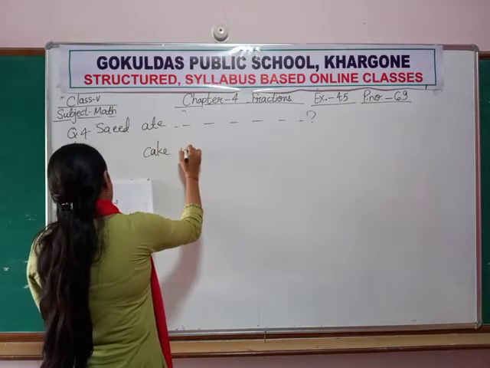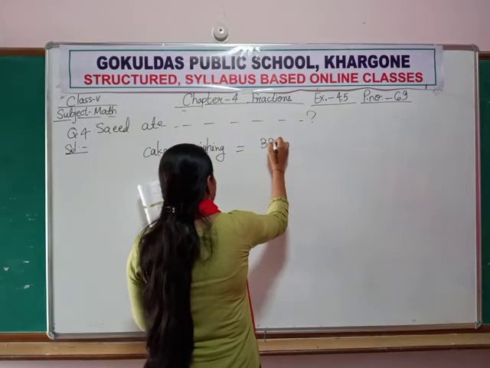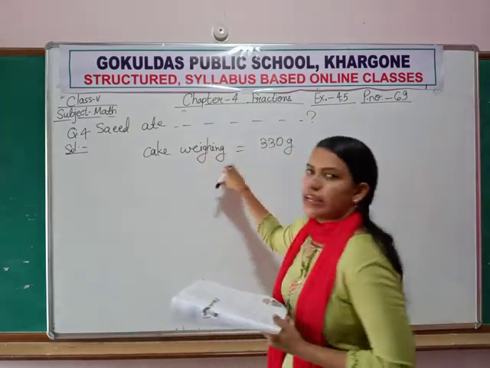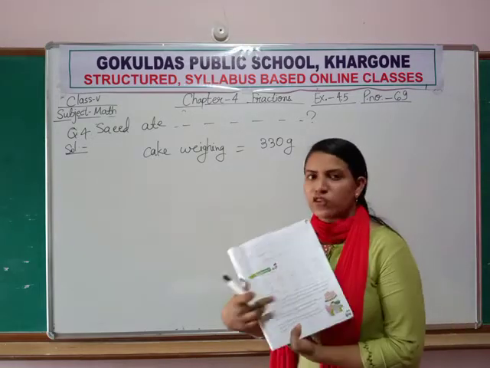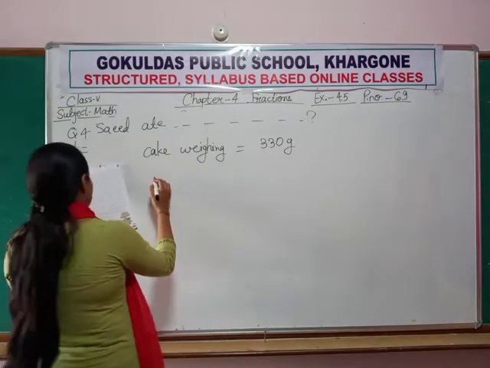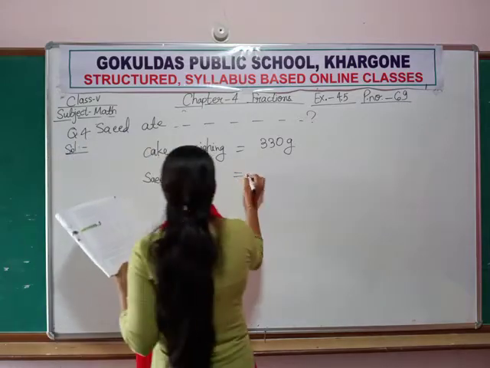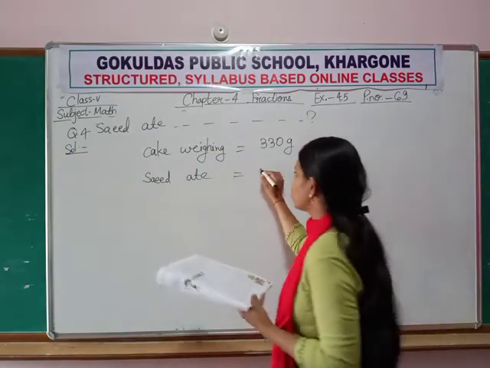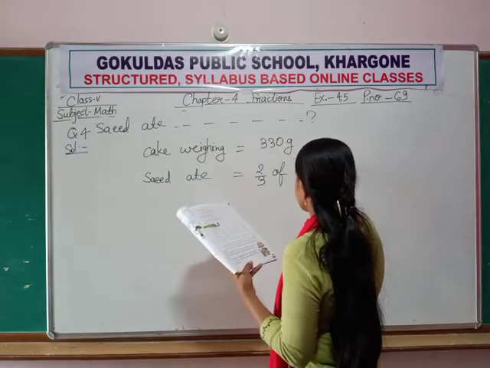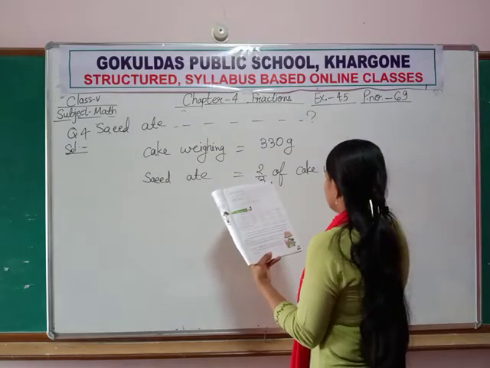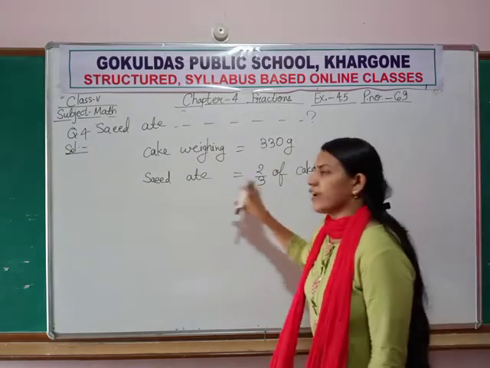The weight of the cake is 330 grams. It is already given in the word problem, right? And they say that Saeed ate two-third of the cake weighing 330 grams. This much Saeed ate.